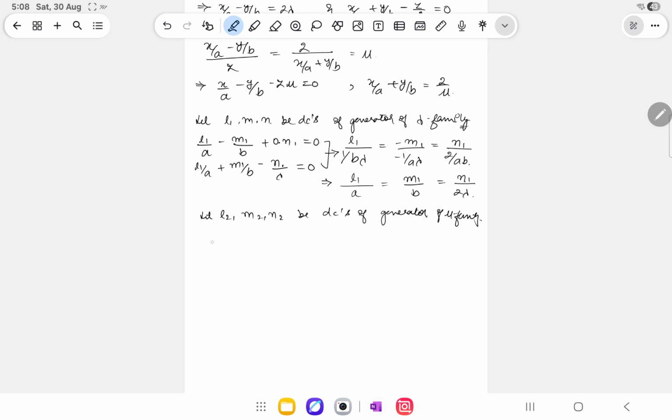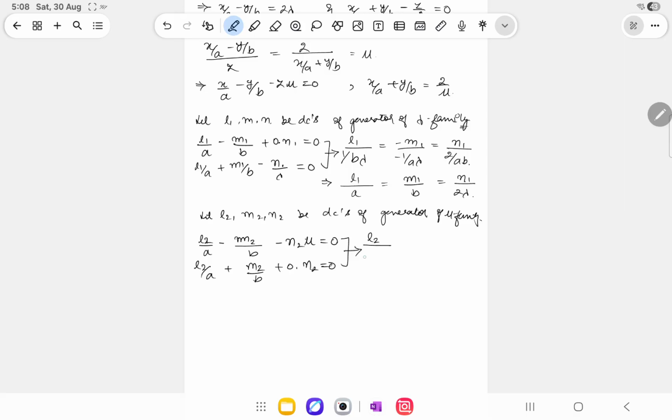So using that, I will be getting l2 by a minus m2 by b minus n2 mu is equal to 0, and l2 by a plus m2 by b plus 0 n2 equals 0. And I can solve these equations for l2, m2 and n2.